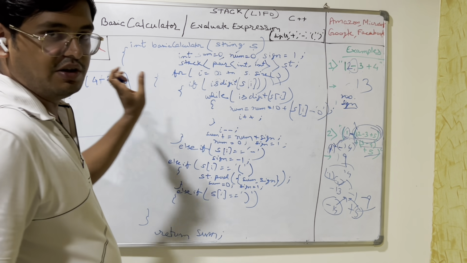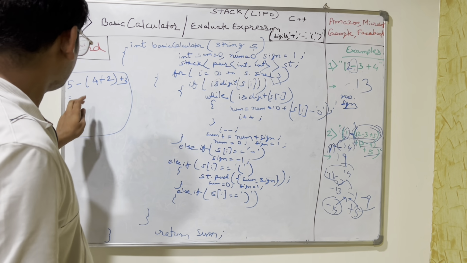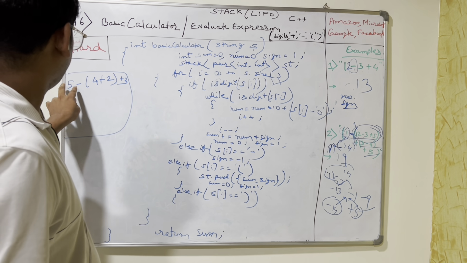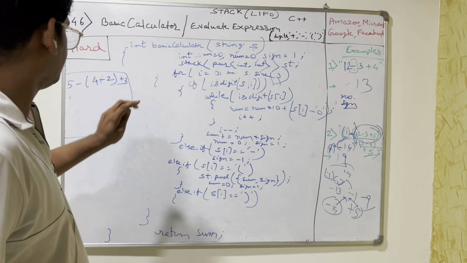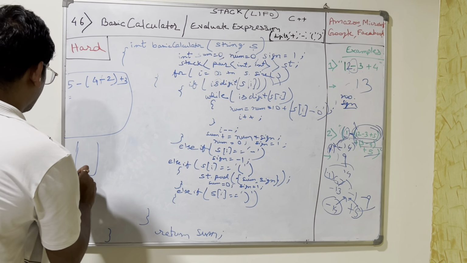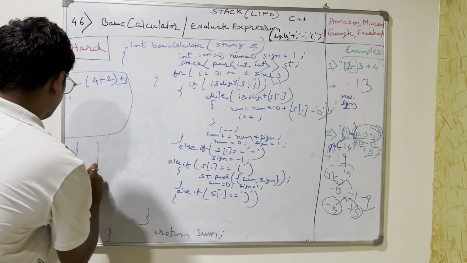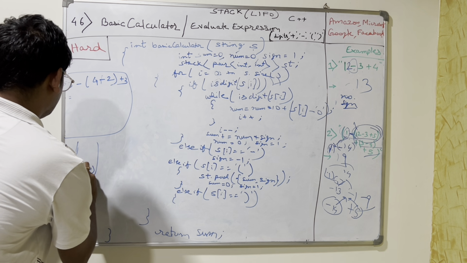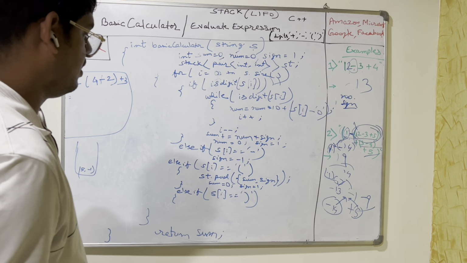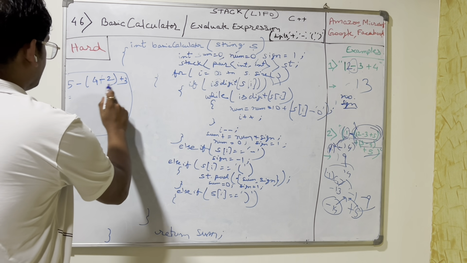Say in this case, we have pushed 5 and minus into the stack. So I'm dry running it while coding it itself. So 5 and -1 is there in the stack, and now we have got this bracket, so we will complete this operation.